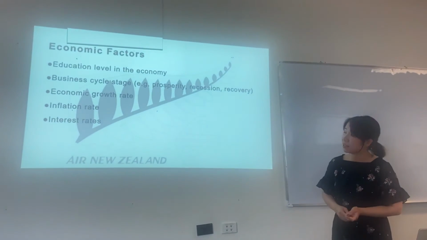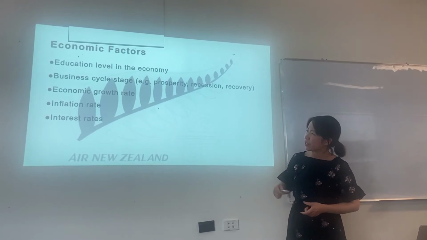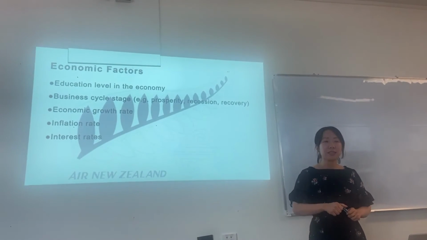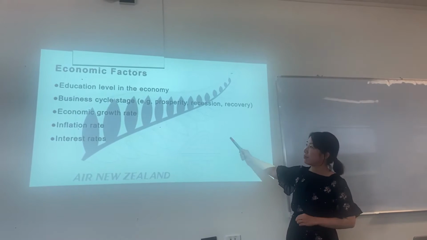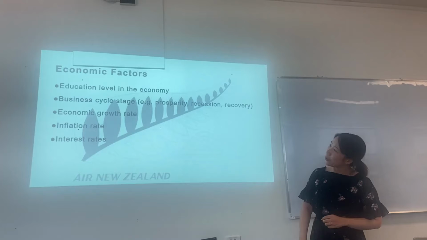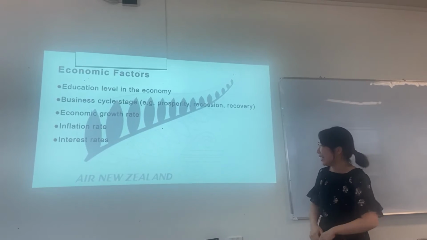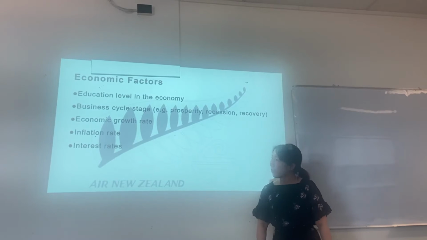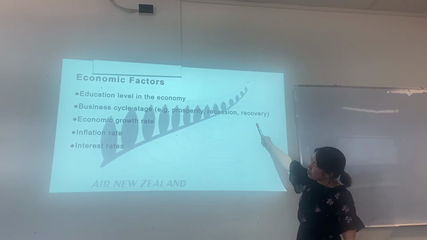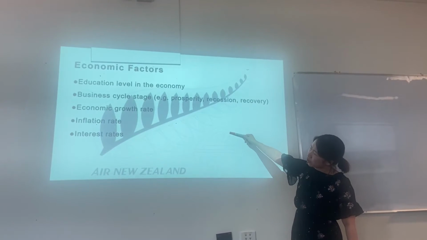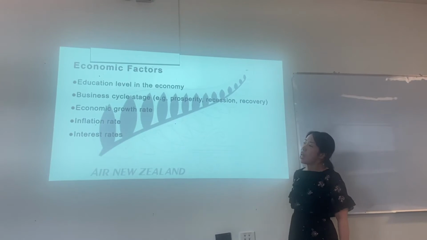So the second one is economic factors. I listed several examples for economic factors. The first one is education level in the economy, and the business cycle stages, economic growth rate, inflation rate, and the interest rate.